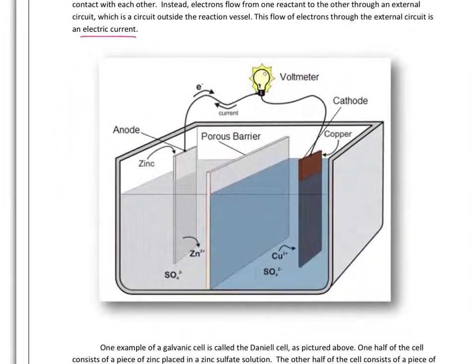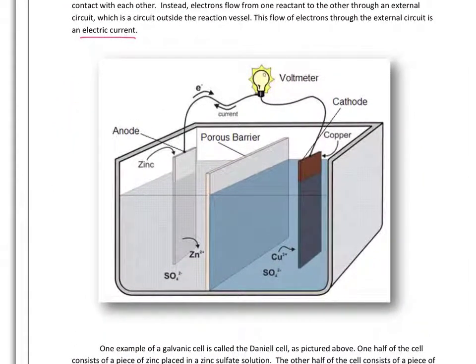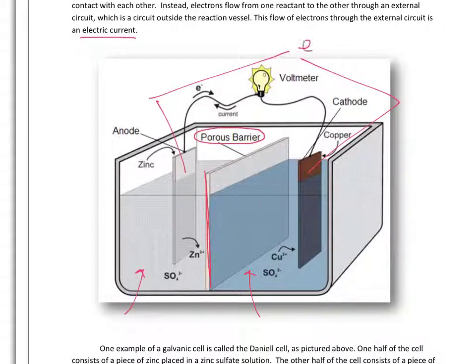So here is a picture of an electrochemical cell. Like I said, there's two chambers, 1, 2, and they are separated here by what's called a porous barrier to ensure that they don't come into direct contact. Each one of these strips here are our electrodes, and they're dipped down into solution.